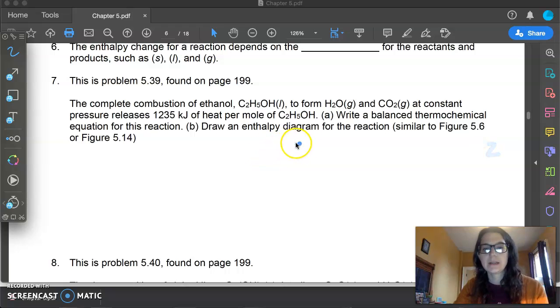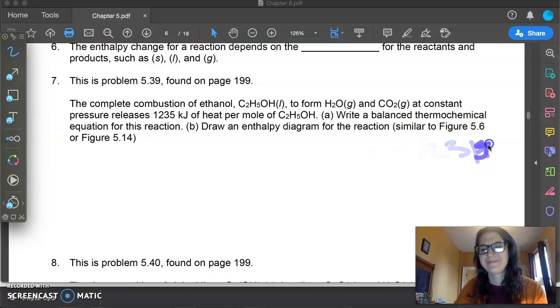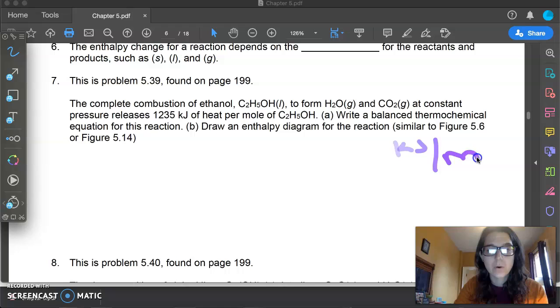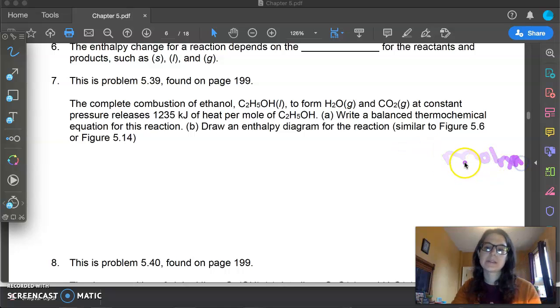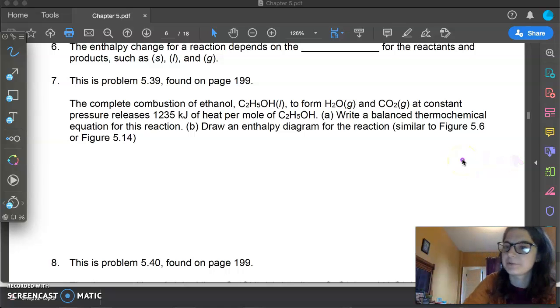Then, of course, the delta H for that reaction is going to be negative 1,235, and our unit for that is kilojoules per mole of reaction. Sometimes you'll see just kilojoules per mole, but you'll also see kilojoules per mole of reaction.